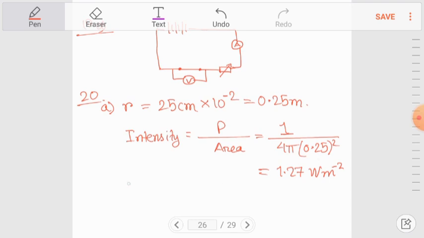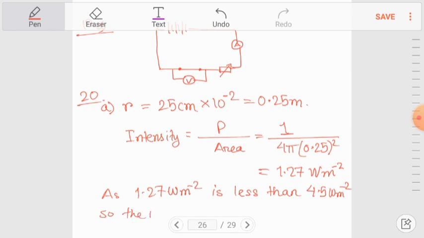And we can see that 1.27 watt per meter squared is less than 4.5 watt per meter squared. So the radiation is not harmful for the person at this distance.